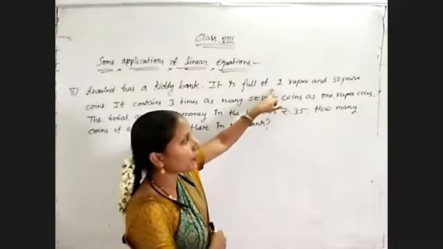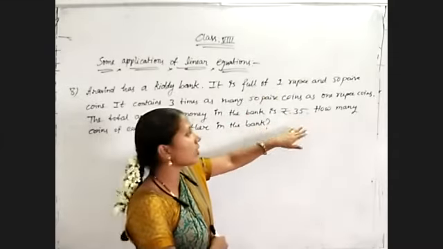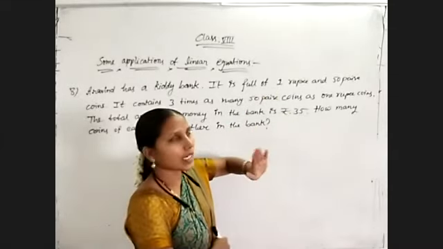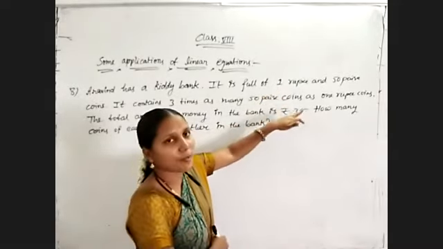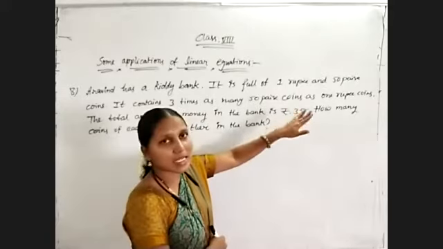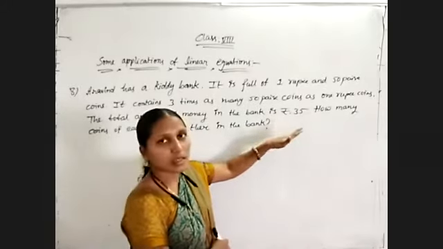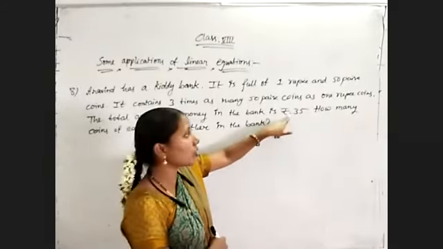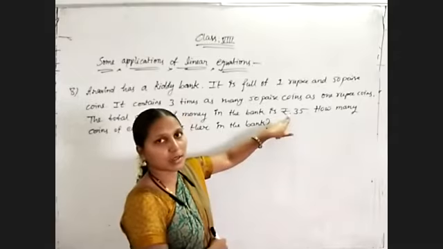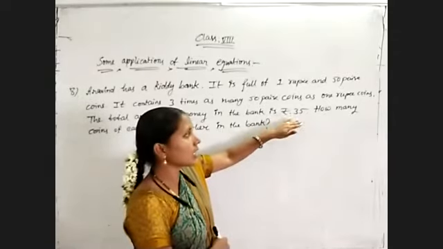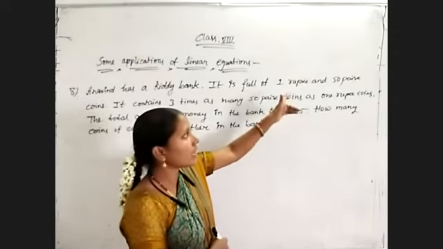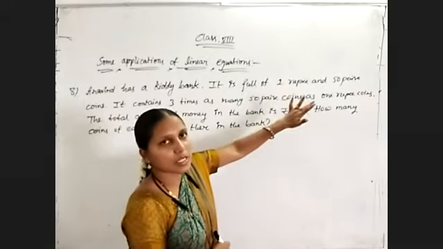Here rupees and paisa coins are there. Try to convert into one unit, either rupees to paisa, otherwise paisa to rupees. Conversion is important. Here the total amount is given in rupees. If you are changing rupees to paisa, whatever rupees are there, you need to change into paisa.